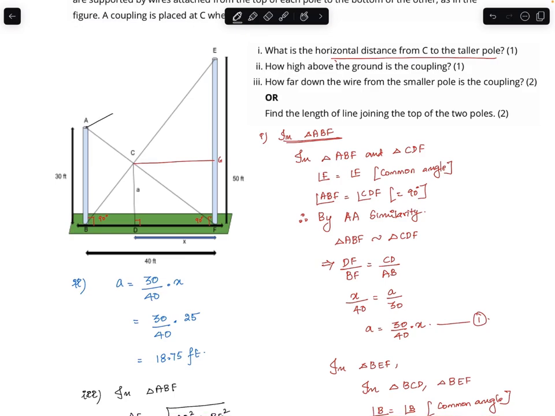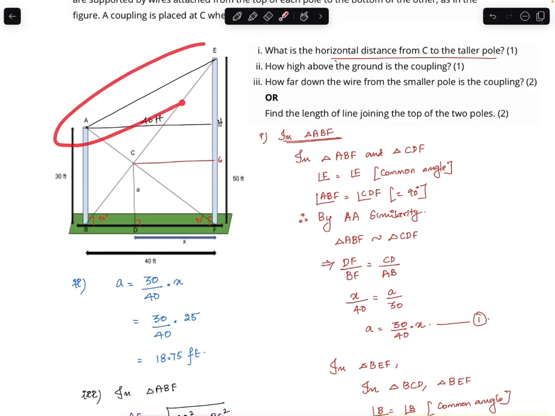The fourth part of the question: find the length of the line joining the top of the two poles. The question refers to this length AE. Let's draw a perpendicular from A to the pole EF, meeting EF at say H. The line segment AH and BF are parallel to each other. The poles AB and EF are also perpendicular to the ground. So BF is equal to AH. If BF is 40, then AH is also 40 feet.